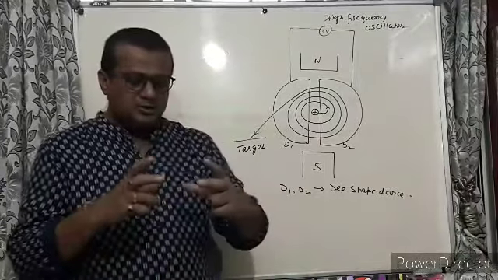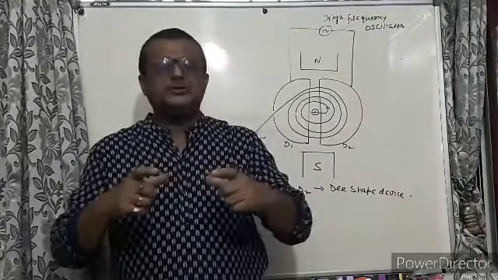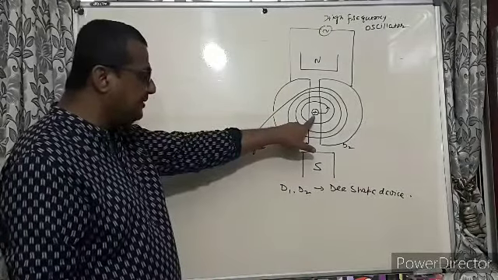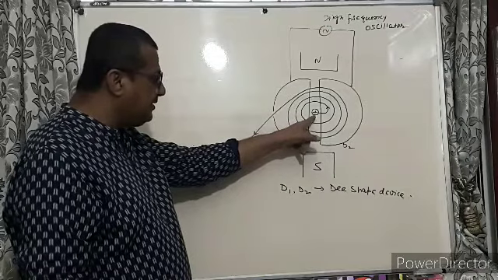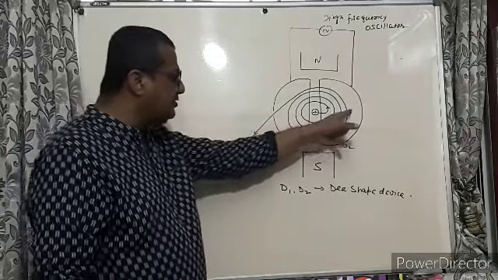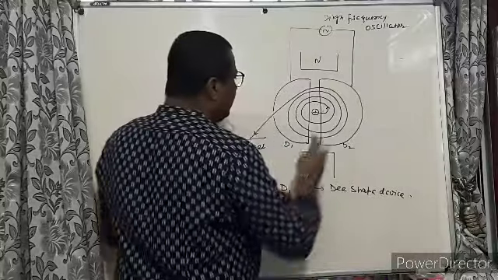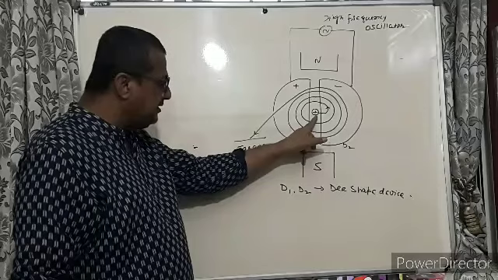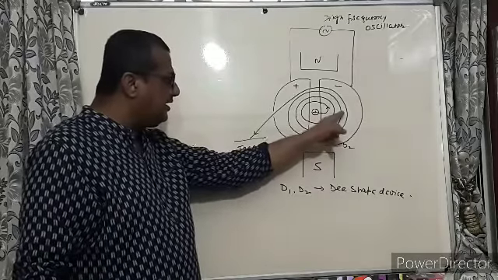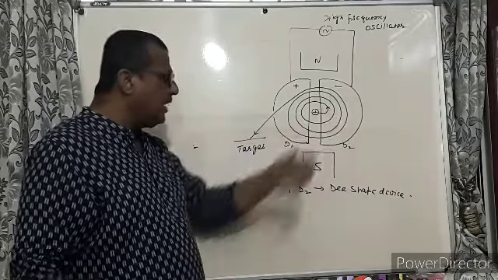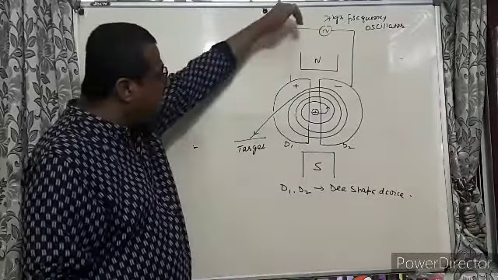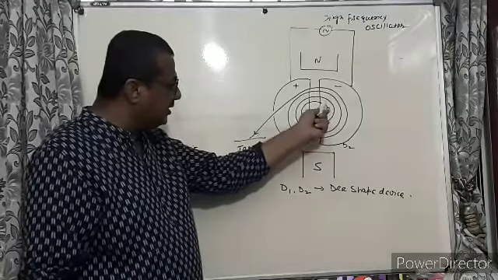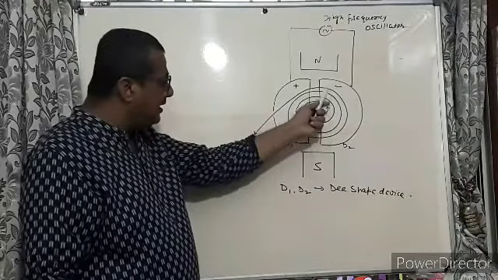So a high electric field generates in between the D's. Then what happens? When the positively charged particle is kept here, it will be attracted towards this D, because this is negatively charged and this is positively charged. So it will be attracted inside the D. As soon as it enters, the perpendicular magnetic field acts, so it moves circularly. Then again polarity changes.